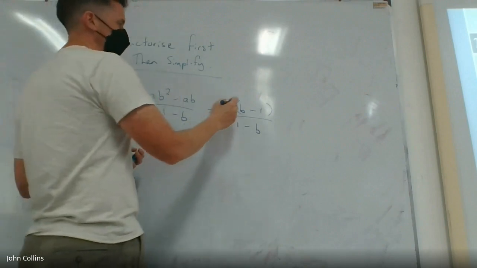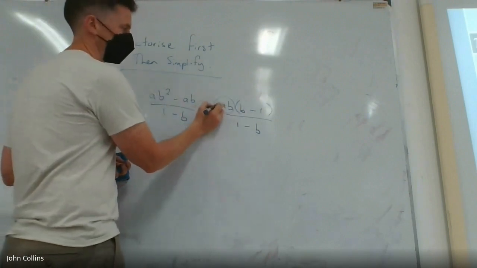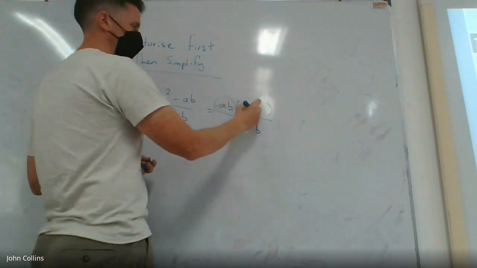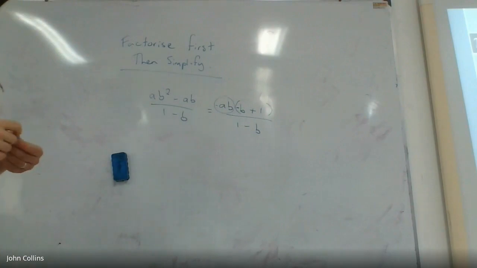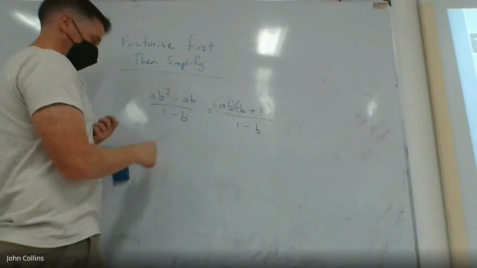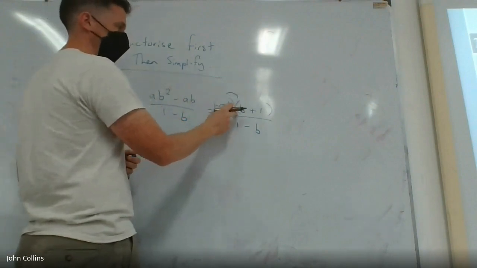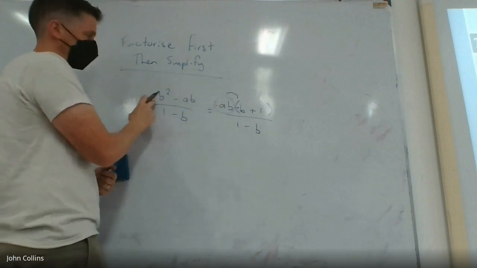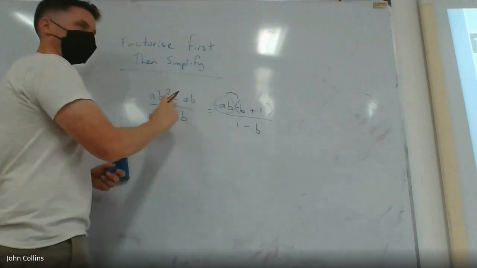Instead of taking out a positive AB, if I took out a negative AB, this would change to positive and this would change to negative. So take out a negative AB. That's still a factor. Negative AB times negative B, negative times negative is a positive, so it gives this. And negative AB times positive 1 is a negative.